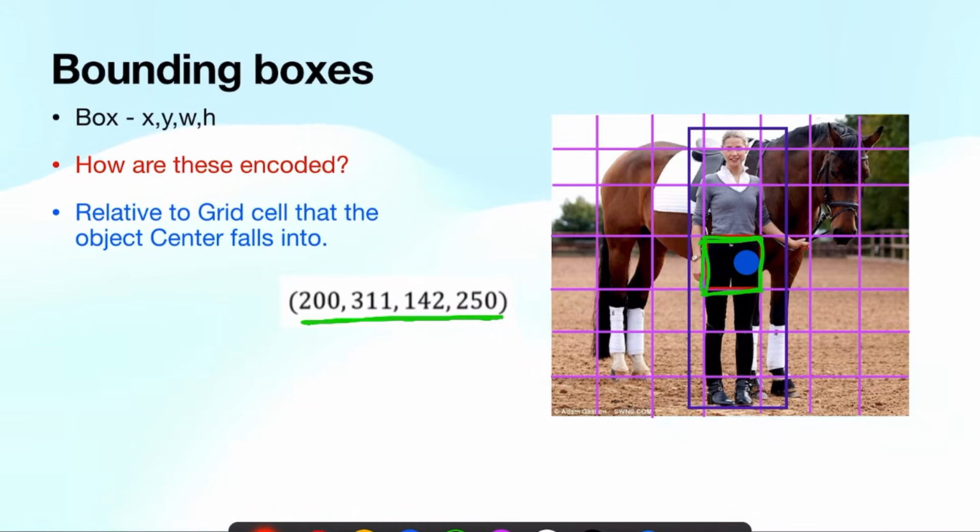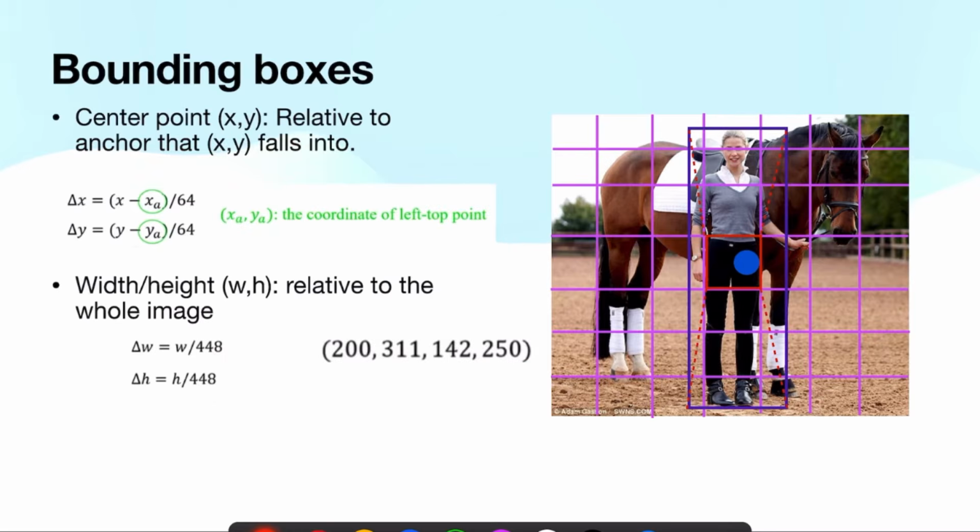So instead of predicting the values directly like this, we are predicting values which are relative to this grid cell. If you see this delta x, delta y, delta w, delta h, these are the targets we are calculating, okay? This x and y are these values, and this w and h are these values.